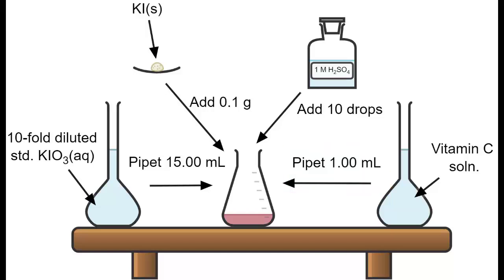To ensure that a sufficient amount of iodine is produced, we need to increase the volumes of dilute iodate and sulfuric acid solutions in comparison to what was added in Lab D. Therefore, we pipette 15 mL of the dilute iodate solution instead of 10 mL, and we add 10 drops of 1 molar sulfuric acid instead of 5 drops. A mass of 0.1 grams of potassium iodide will be sufficient for an excess of iodide ion.